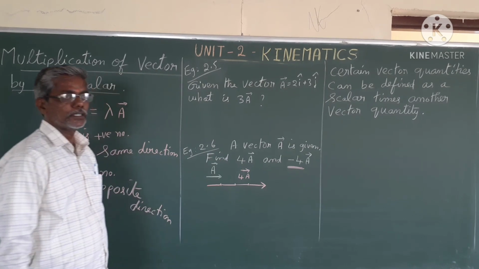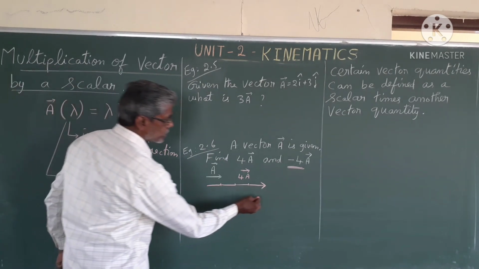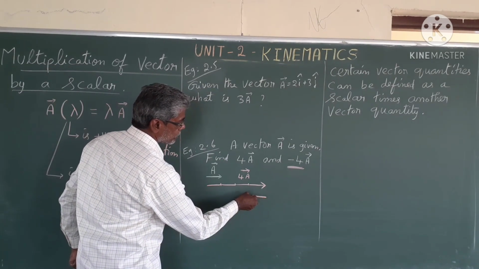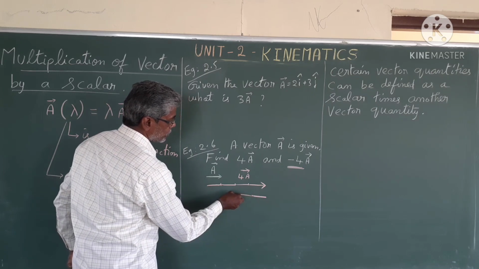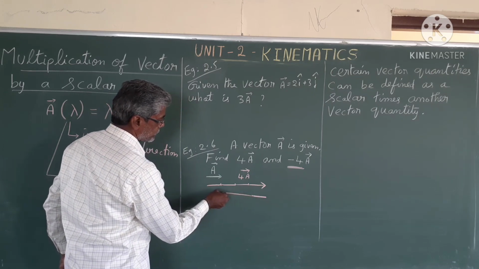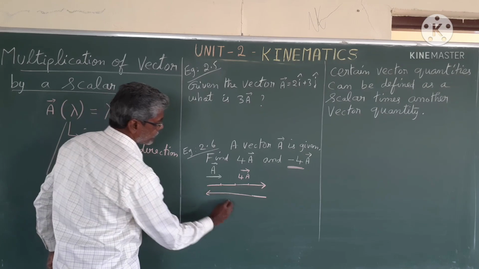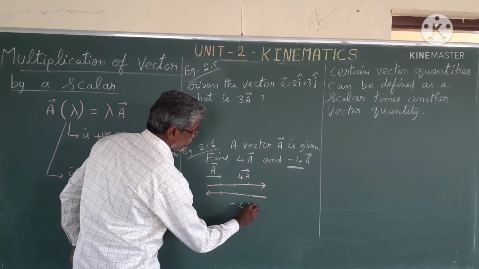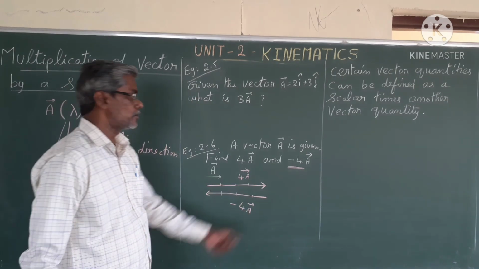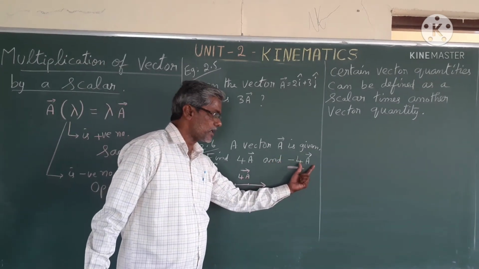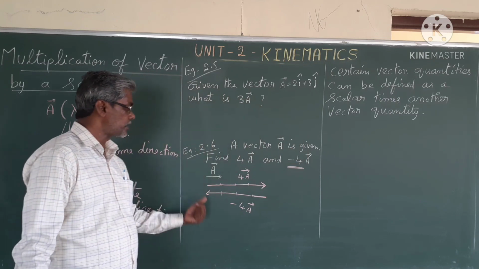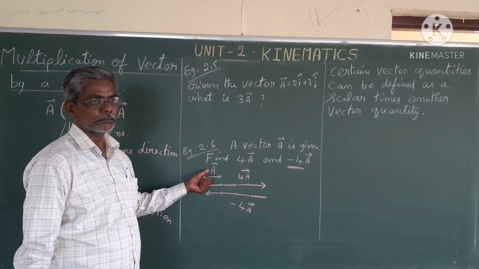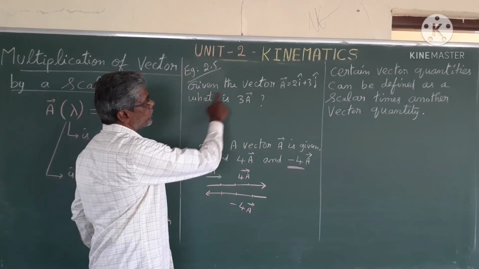Since the scalar is negative, it will come in the reverse order. 1, 2, 3, 4. This is minus 4a vector. Since it is negative, this minus 4a vector is in the opposite direction to that of a vector. Clear?